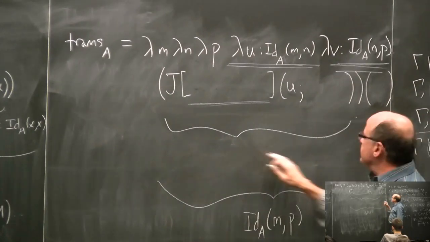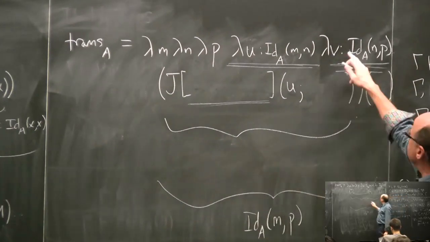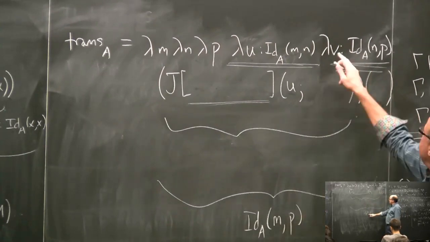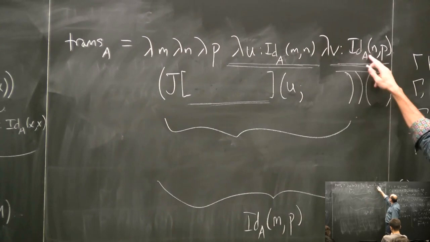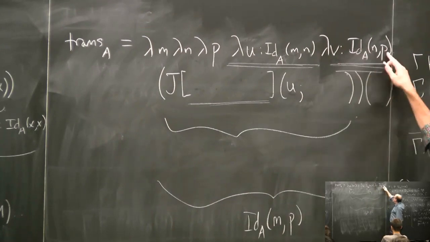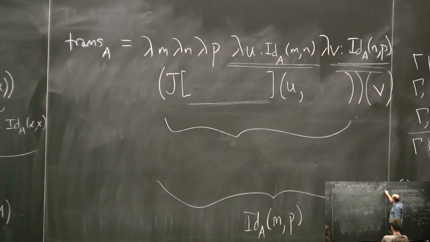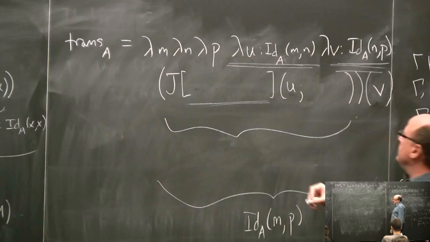So the idea is that I need to get out something here that lets me use V to bridge to M and P. So how can I use V? Well, V is an id A, N, and P. The way I'm going to use it is to compute a function by induction.